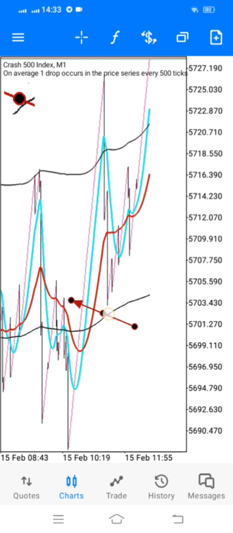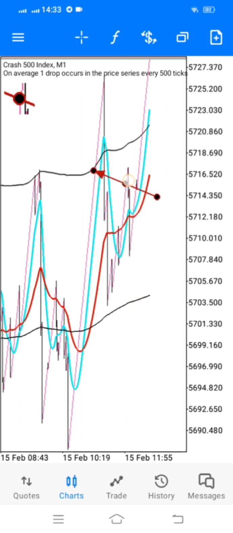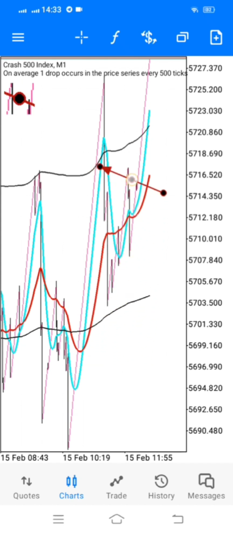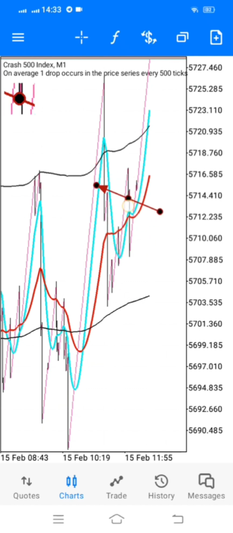If you have a bigger account, your take profit level, once the crossover happens on Crash we are buying, will be the Bollinger Band at the top, the first Bollinger Band that you see. So you will scalp all of these candles and you will close. Okay, you're not going to hold the trade, you are going to close the trade once it reaches the Bollinger Band at the top.